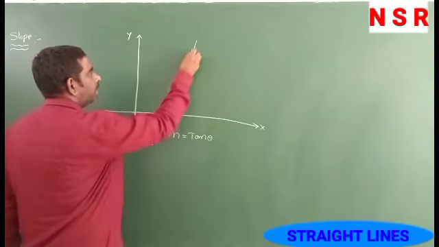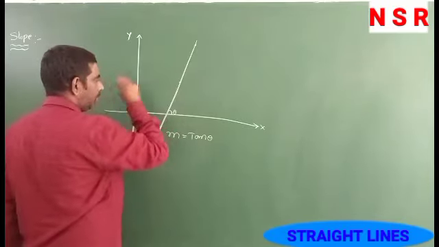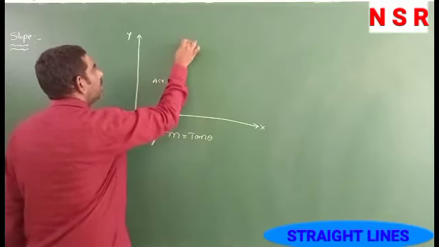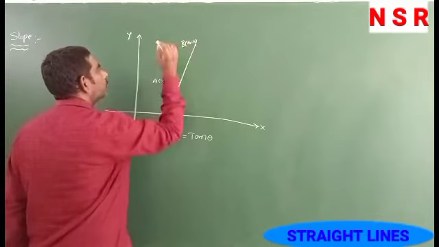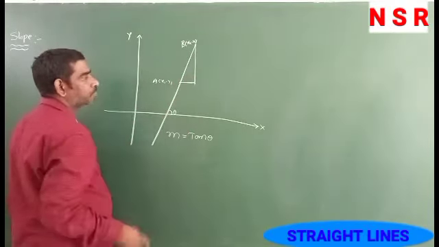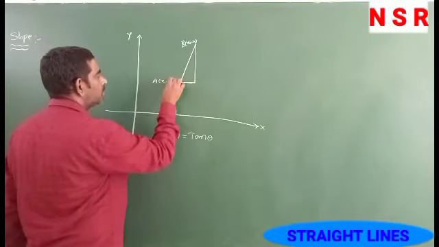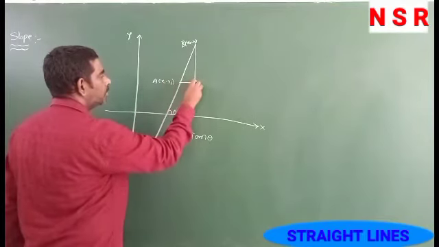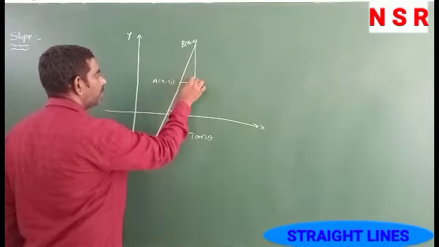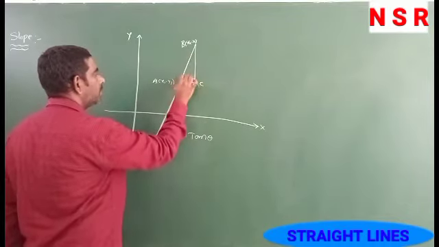Suppose we consider any 2 points on this line, one A (x1, y1) and here B (x2, y2). So here it is a right angle triangle and this is theta.